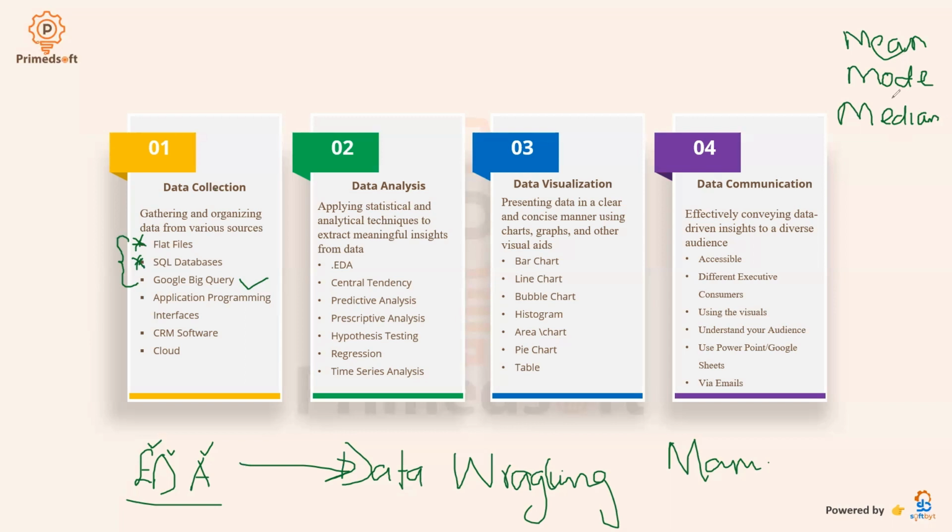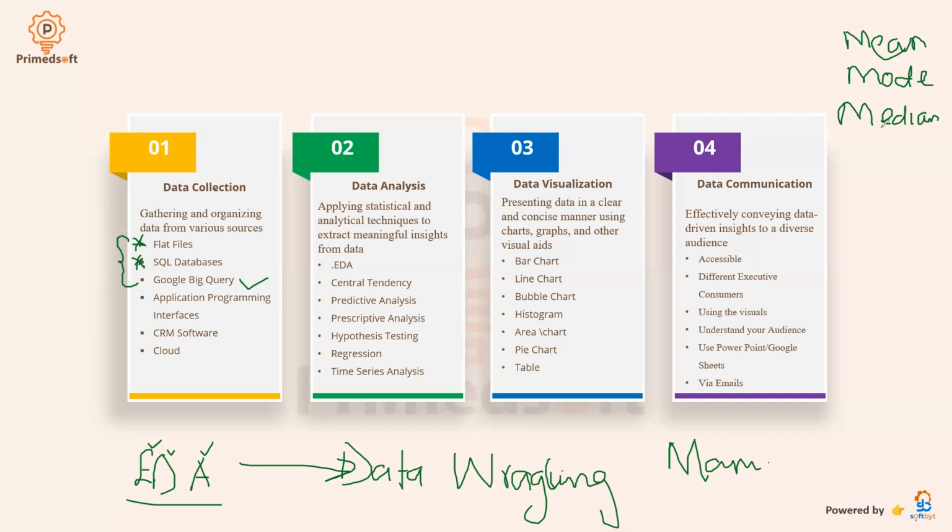Mean. The mean is just like the average. The median is like the one in the middle when organized in ascending or descending order.